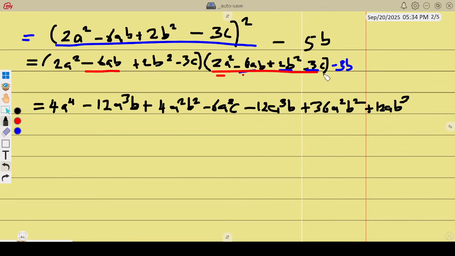And then the last one, we have 6ab times negative 3 there. So this becomes positive 18abc. Yeah, so you can see the work which is here. This again will multiply everything.